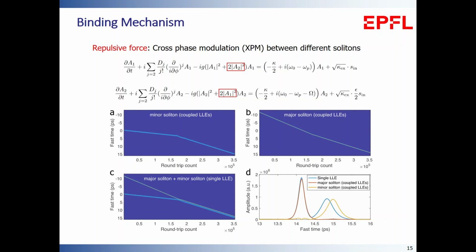So that means the simplification I made, which assumes the cross-phase modulation is the most important and dominant mechanism in forming the bounded state, is correct. Other effects such as four-wave mixing are not very important here.